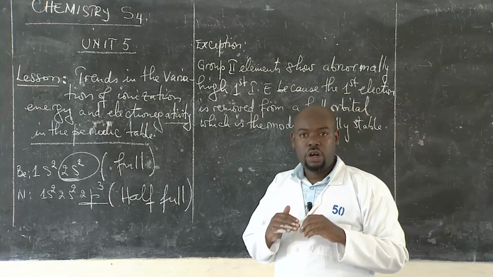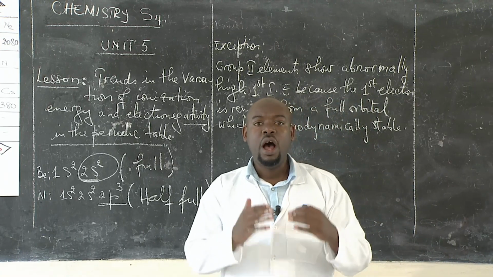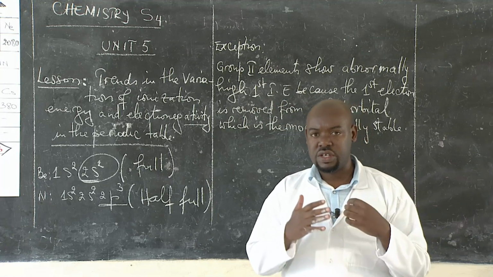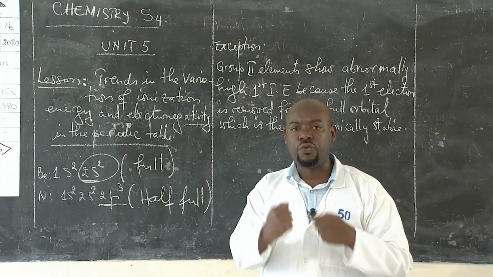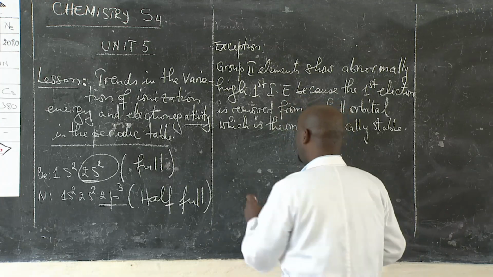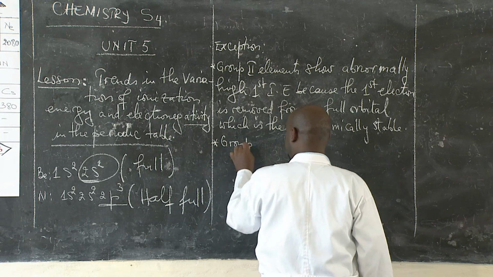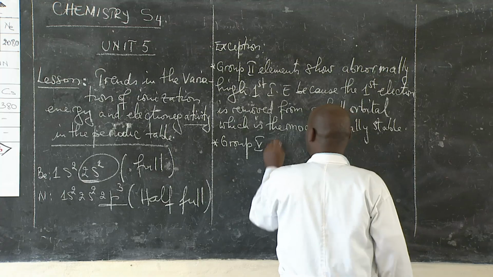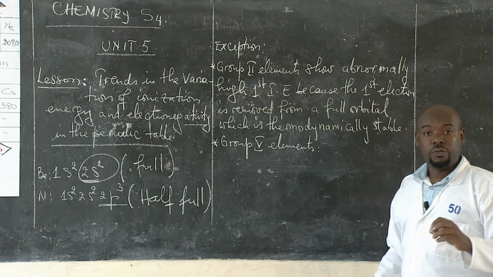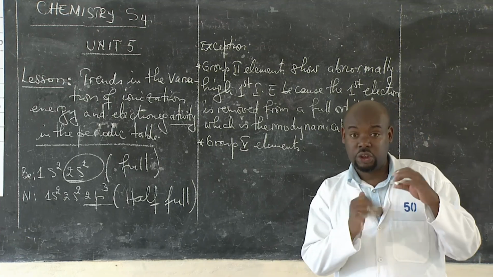The first electron removed from those elements of group 2 is removed from a full orbital which is very stable in terms of energy. It is thermodynamically stable. So you have to force. You use a lot more energy than what you would expect. And for group 5 elements, it is the same, but for a different reason, which is also based on the electronic configuration.